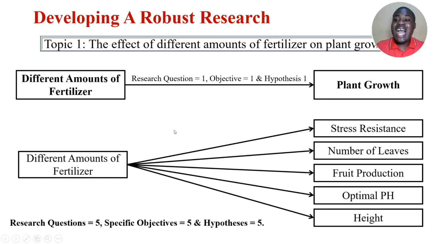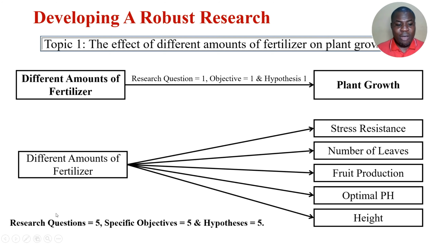We want to look at how it influences the multidimensional constructs of plant growth. That means that every line that comes from the independent variable to the construct of plant growth will form a specific objective and specific research question. That is the implication of the model here.